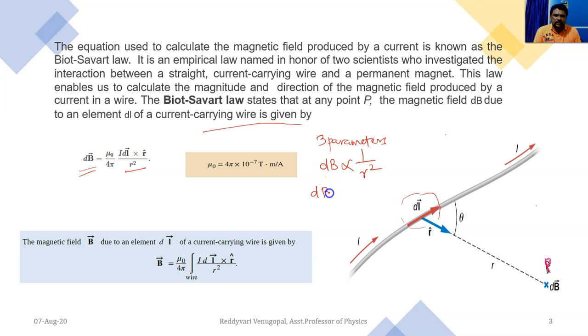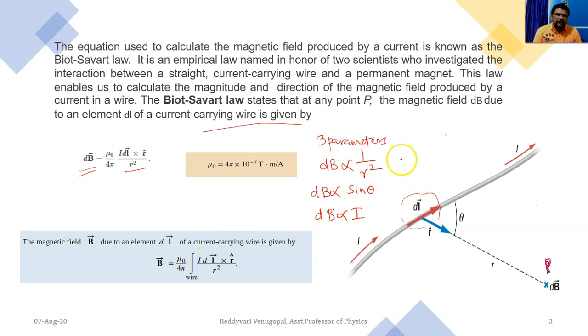It is also proportional to sine theta, where theta is the angle between the current carrying element dl and the line joining point P and the element. And it is also proportional to the current itself, that is, how much current is flowing through this element.